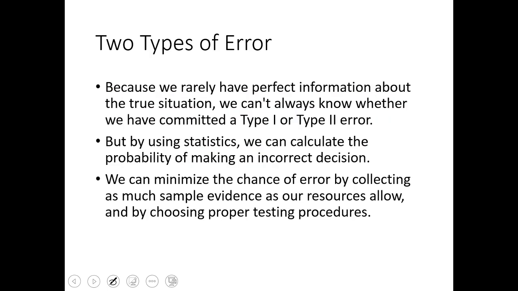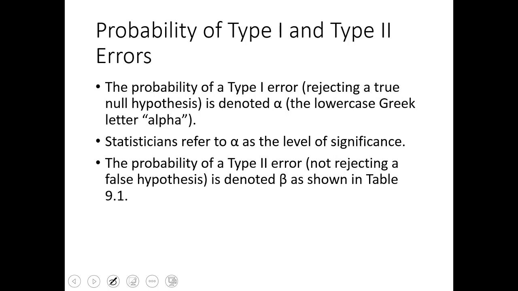The probability that we have a type 1 error is denoted alpha, and the probability that we have a type 2 error is denoted beta.